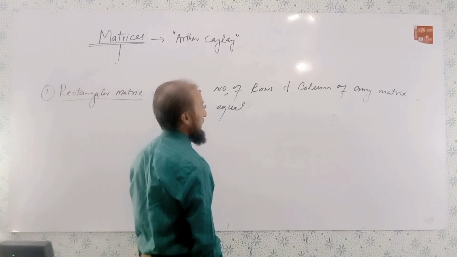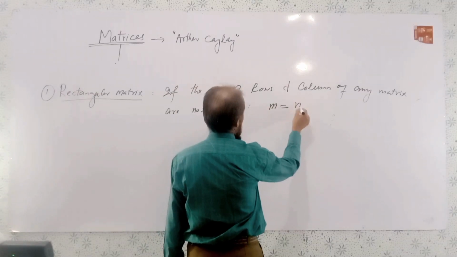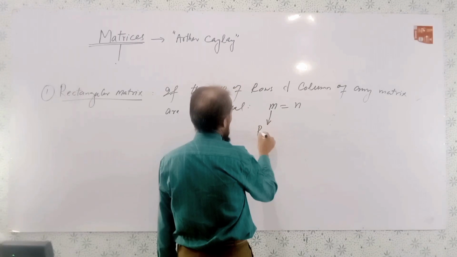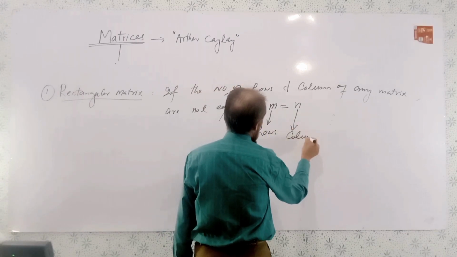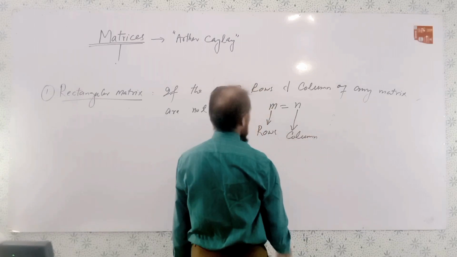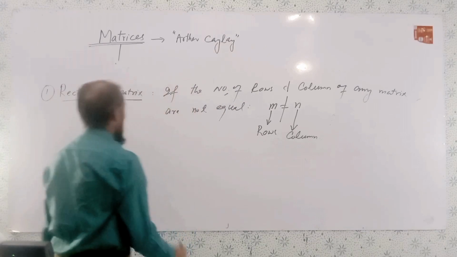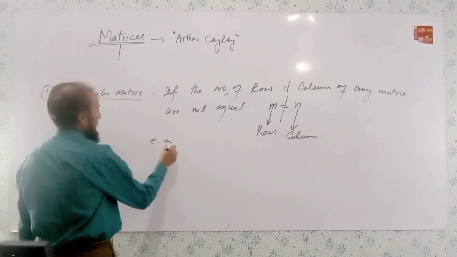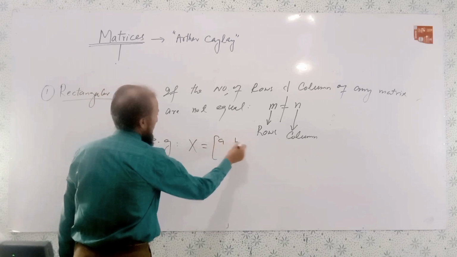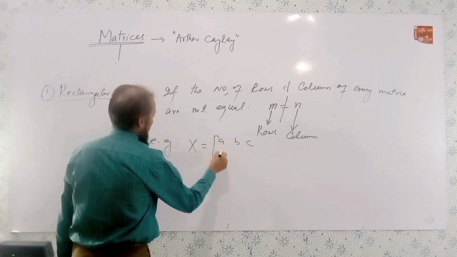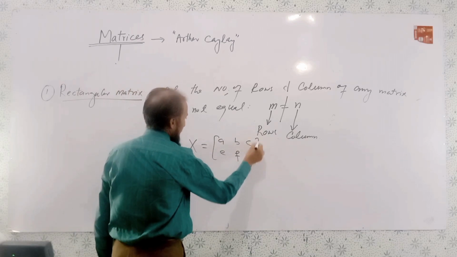How can we write it in order form? m is not equal to n. m represents rows and n represents columns, which means that both are not equal to each other. For example, we take a matrix X with first row a, b, c and second row e, f, g.